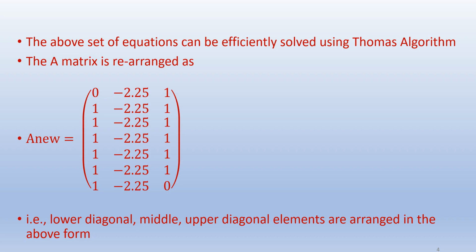So on the left hand side of this matrix, column 1 represents the lower diagonal elements, the middle column, which is column 2, represents the main diagonal elements, and the right hand column 3 represents the upper diagonal elements.